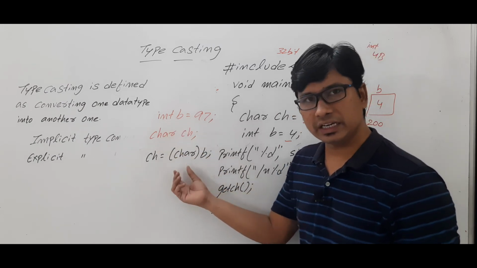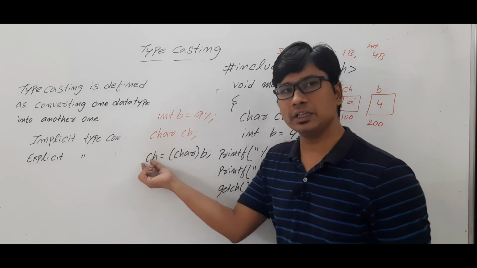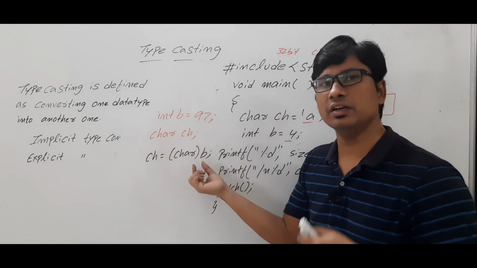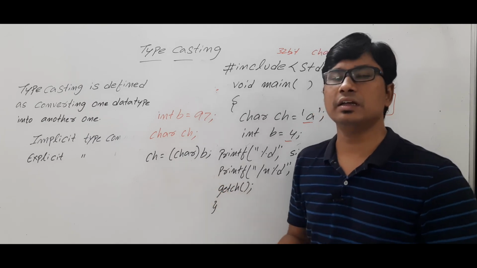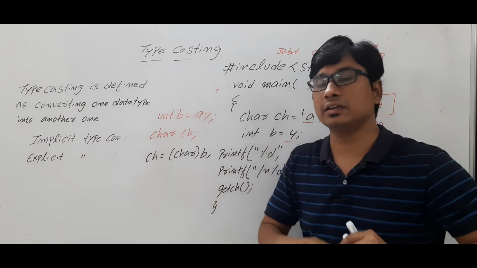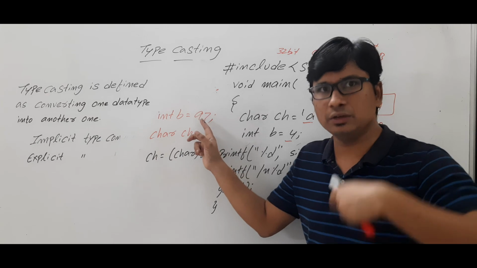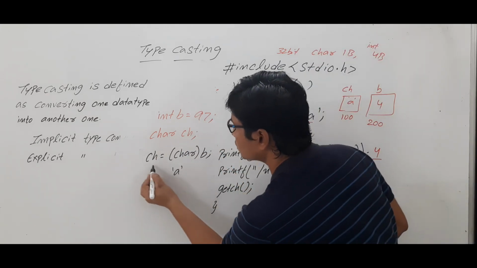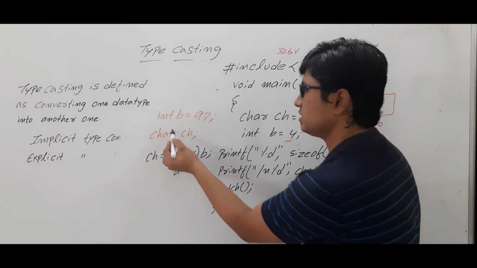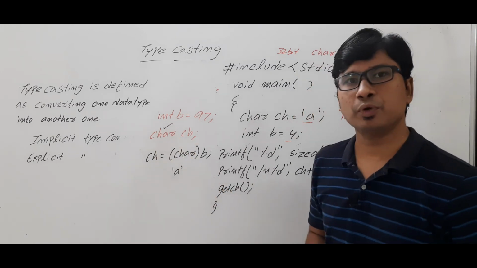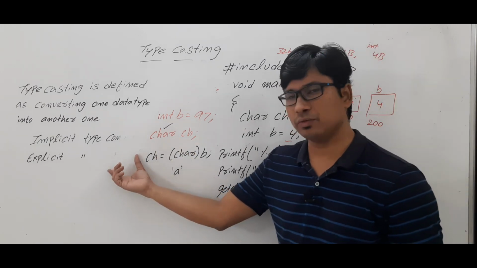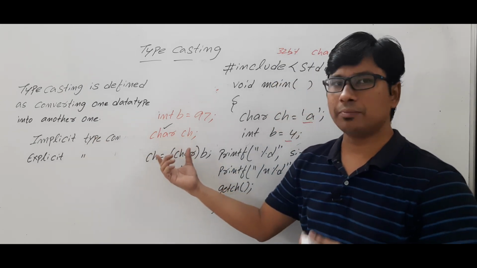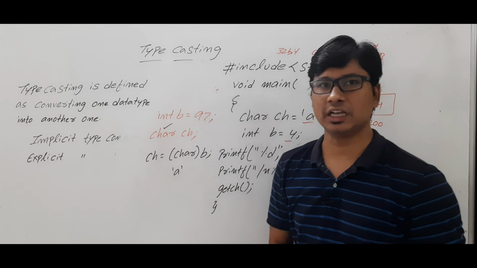So that equivalent character will be stored in the variable called ch. What is the integer? 97. If you convert it into a character, 97 is the ASCII value, and the corresponding character is small a. The small a will be stored in the variable ch, which is a character. So if the programmer is doing the type conversion, we call it an explicit type conversion. If the compiler is doing it, it is an implicit type conversion.